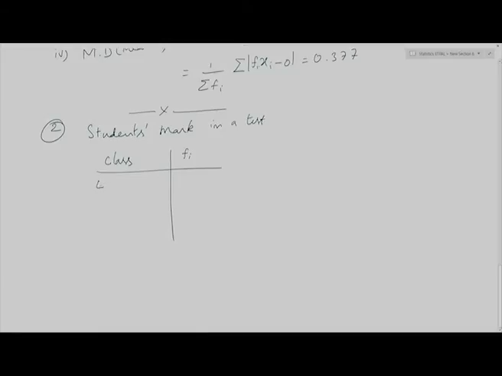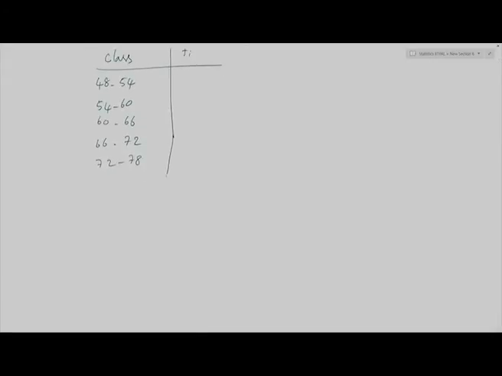The classes are from 48 marks to 54 marks, 54 to 60, 60 to 66, 66 to 72, 72 to 78, 78 to 84, 84 to 90 and finally 90 to 96.